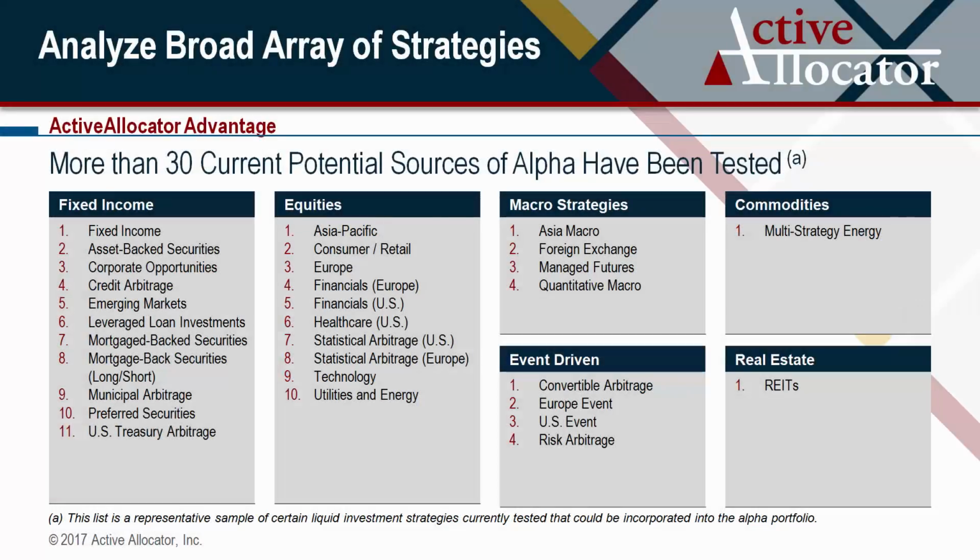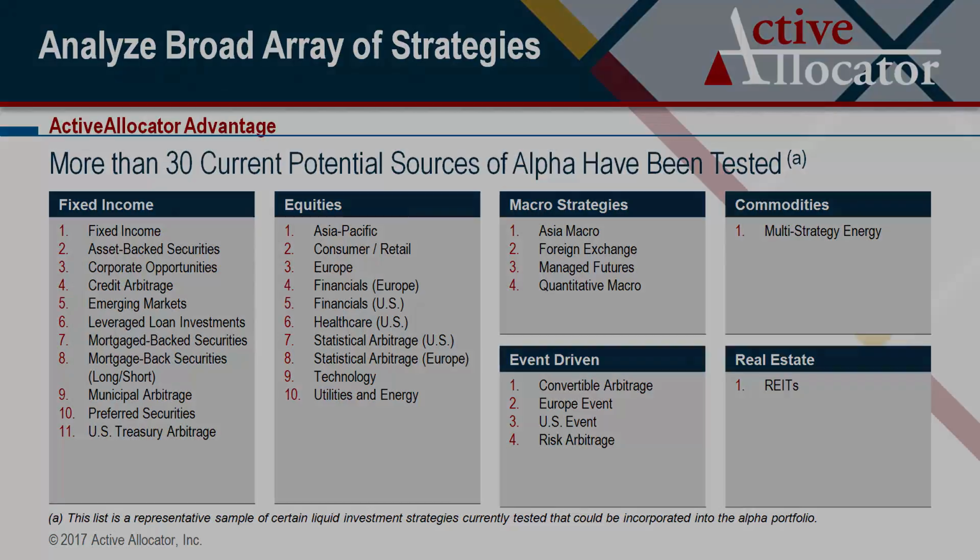The idea here is to create core portfolios that combine various alpha sources across a broad range of asset classes and strategies, including equities, fixed income, foreign exchange, real estate securities, commodities, and special opportunities. We have tested around 30 classes of alpha already. Some work, others don't. We help you figure out which do.